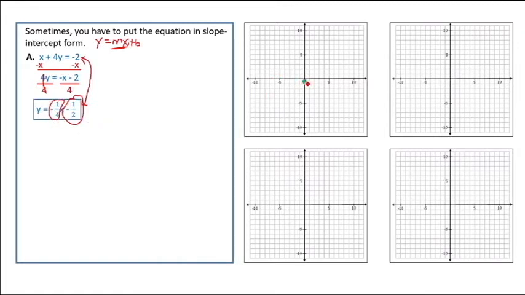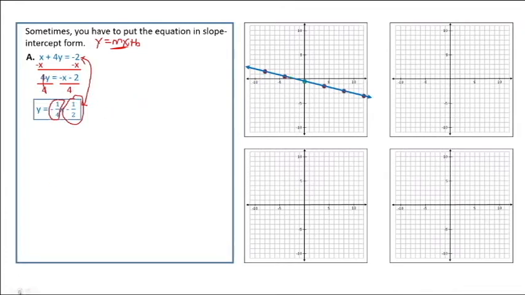That means from here we're going to count down 1 and over 4. Since I'm in the middle, or negative a half, down 1 would put me at negative 1.5. Over 4 would go over here. Down 1, over 4 more, and I'm going to continue that. Remember, you can also go up 1, backwards 4, and get the same thing, and there's your graph.